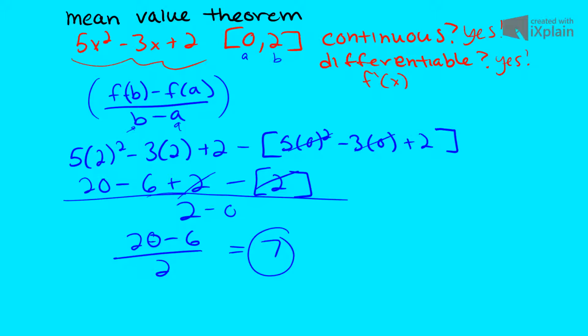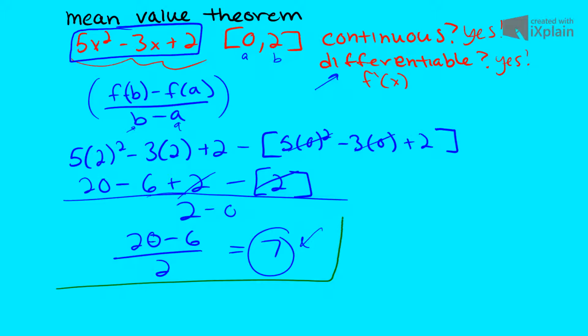And now with this value of 7 here, we are going to take the derivative. This is why it's important that it's differentiable. We're going to take the derivative of our initial function here, and let me draw a line to separate all this.